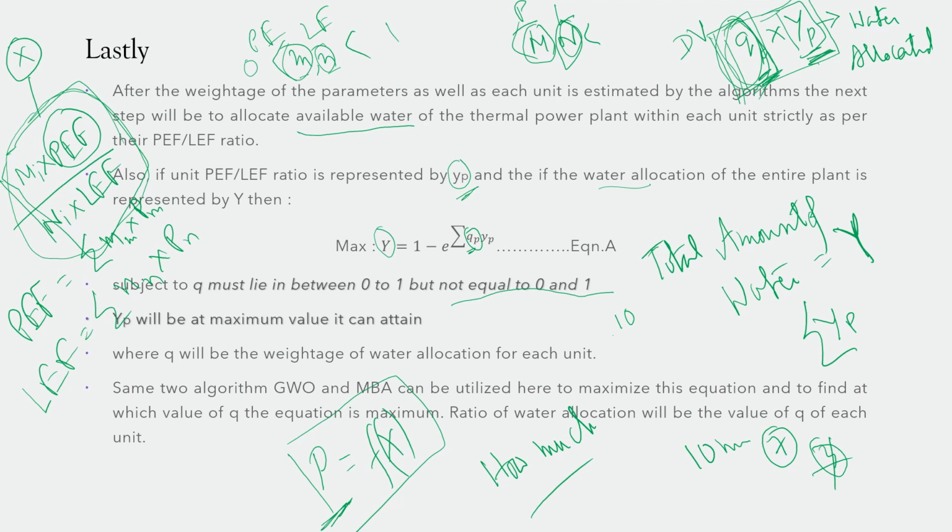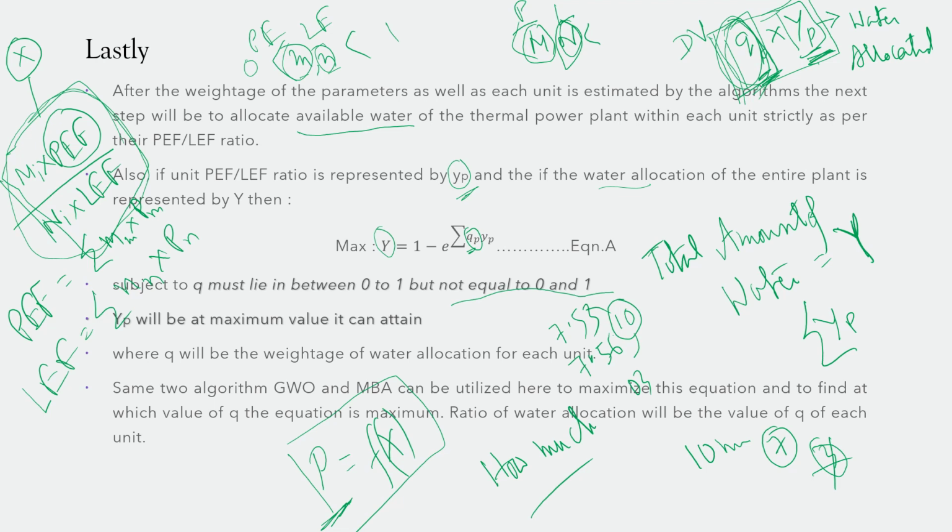So what will happen is, which one to give a higher amount of water, which one to give a lower amount of water? Suppose one unit has 7.5 importance, another one has 7.53 importance, another one has 7.56 importance. Which one to give? Only 0.3 is the difference.